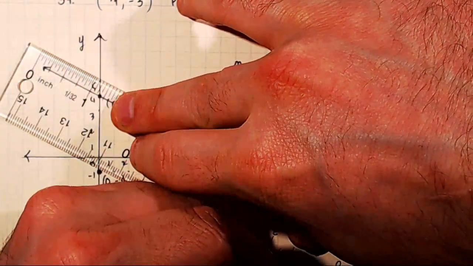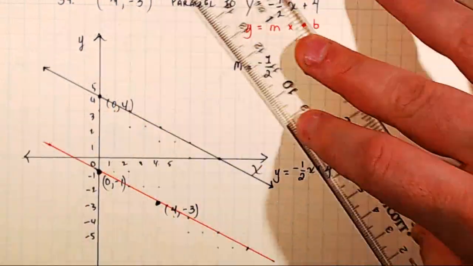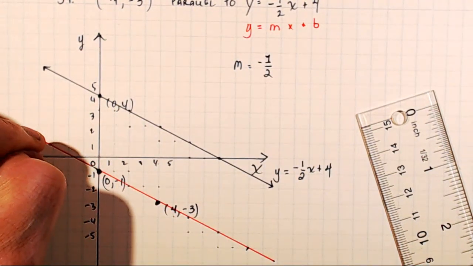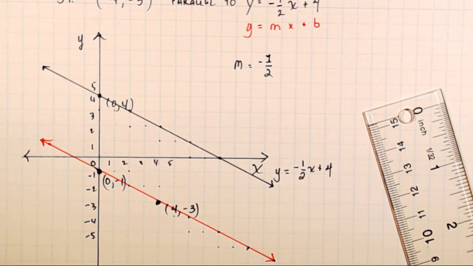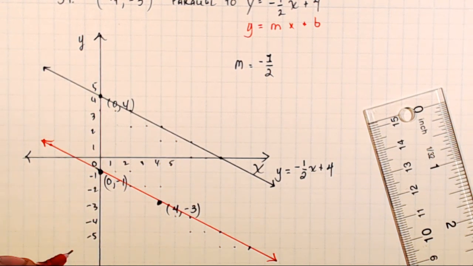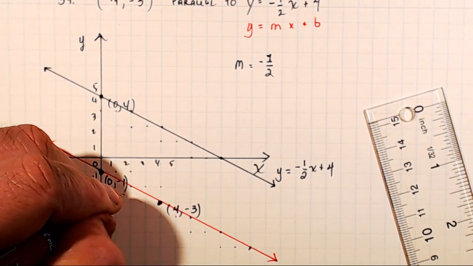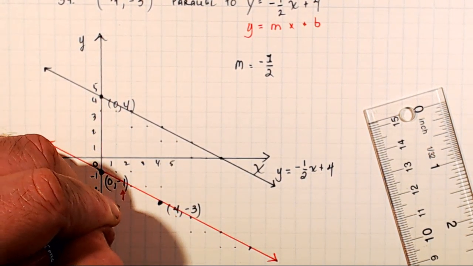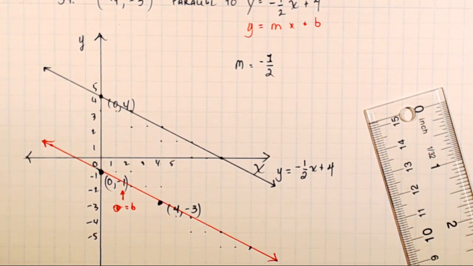And it should be exactly parallel to the line I just drew. Okay, so that's the equation of the parallel line. And we know the slope is -1/2. And we found the y-intercept by graphing. Just so happened to be on a whole number there, 0, -1. So right there, that's what my eyeball tells me, b equals -1.